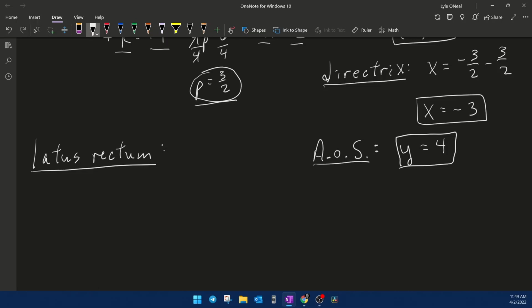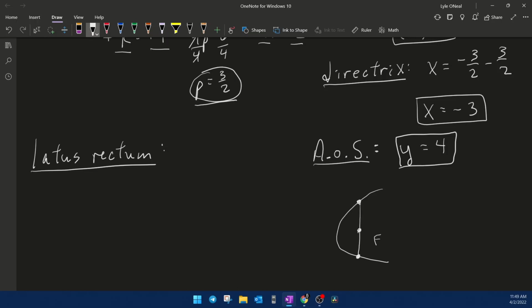So if I could sketch just a basic graph here, knowing that the focus has to be inside the parabola, here our latus rectum points are going to be at the same x coordinate as the focus. Do you see that?